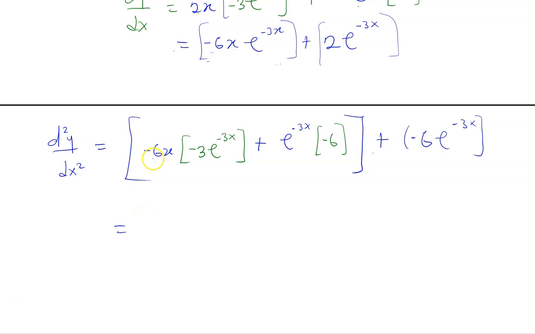So we have negative 6 times negative 3 is going to give us 18, so 18x e^(-3x). Perfect. And this is going to give us minus 6e^(-3x). And this whole thing will be minus 6e^(-3x). Okay.